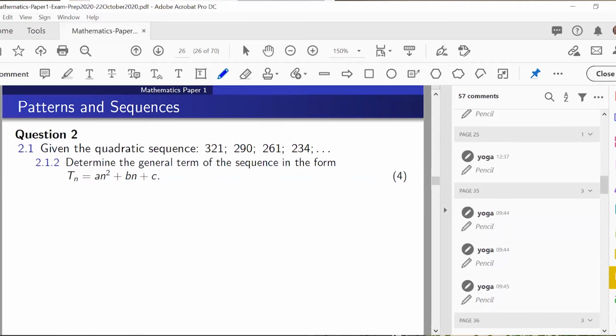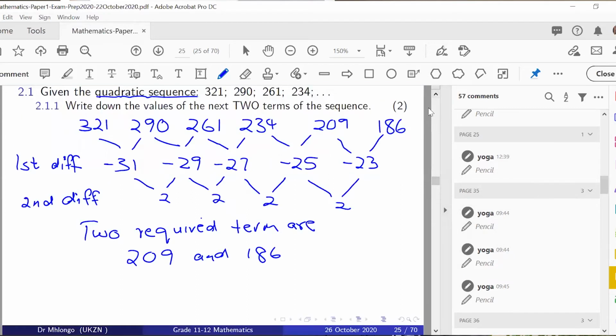Determine the general term. Now there are formulas that we shall be using to determine that. Now for the first difference, remember that the second difference is 2, and here we have got minus 31, and there we have got 321.